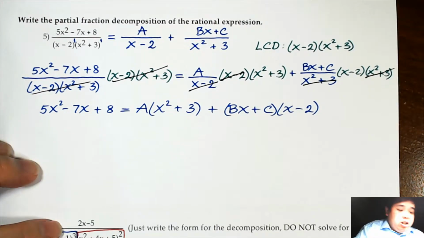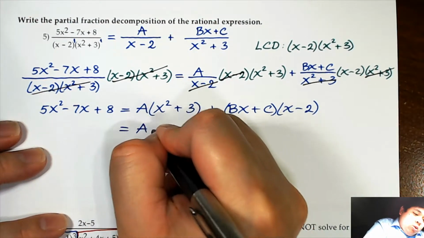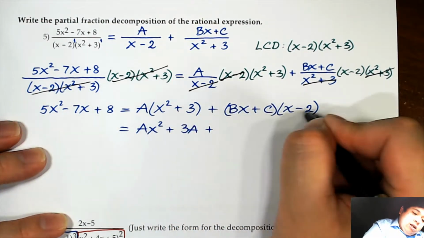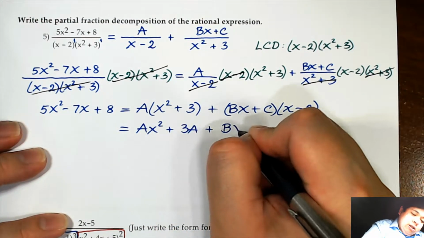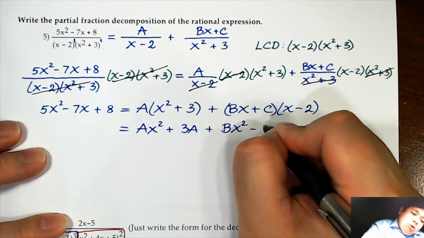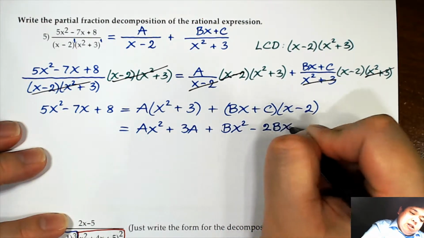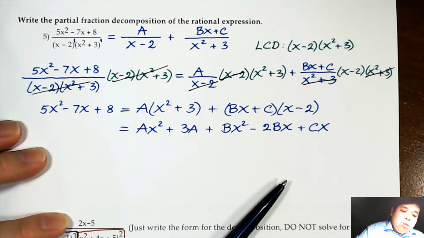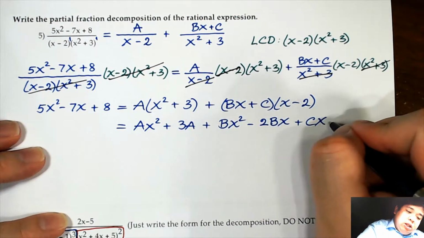Now we just multiply this out. Ax squared plus 3a, bx squared, minus 2bx, plus cx, and minus 2c.